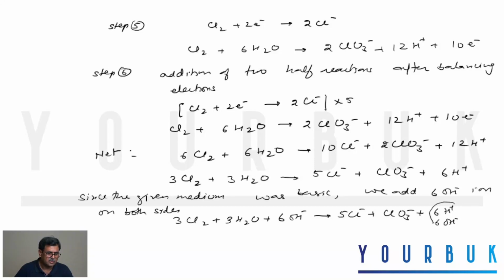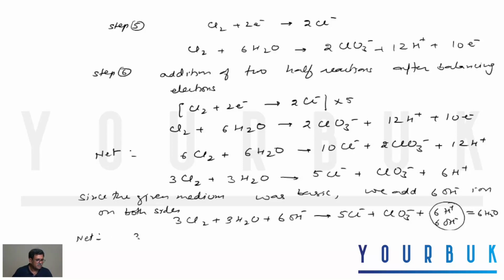Now 6H positive and 6 OH negative are equivalent to 6 water, and we cancel 3 water on the left hand side. So my net redox reaction in basic medium is 3Cl2 plus 6 OH negative gives 5Cl negative plus ClO3 negative plus 3H2O.